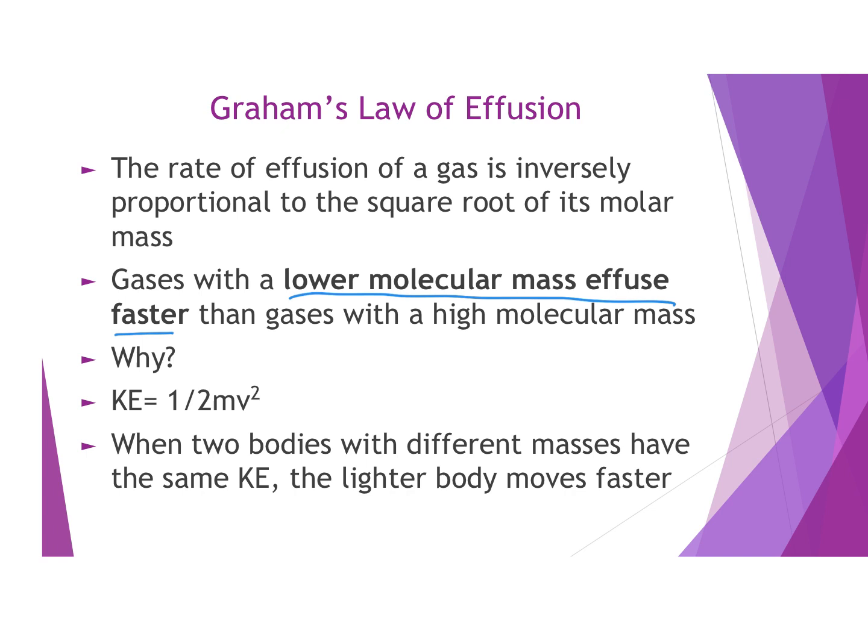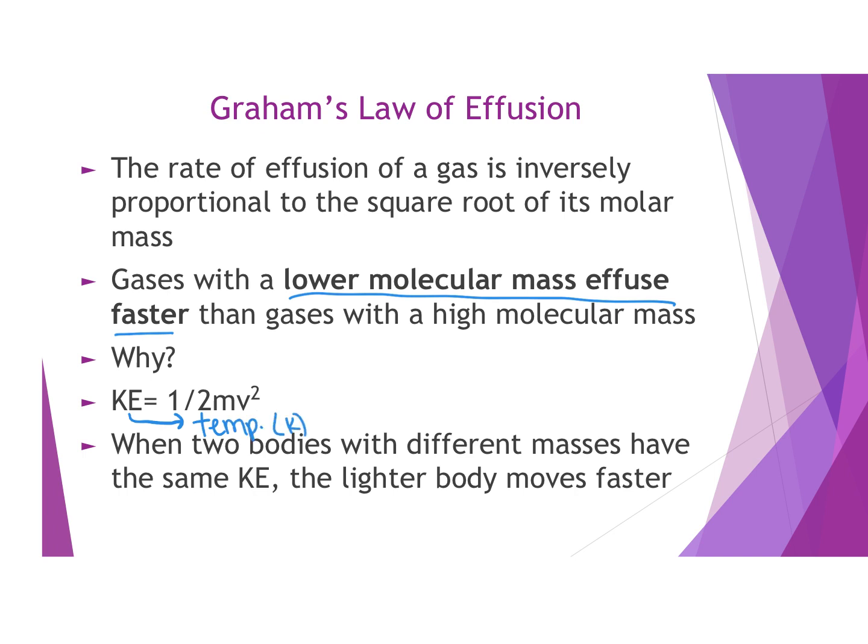So why do light particles move faster? We look at this equation. KE, what do you think KE is? It's an energy. What kind of energy? Kinetic. So kinetic energy is equal to 1/2 mass times velocity squared. Kinetic energy is directly proportional to the temperature in Kelvin.